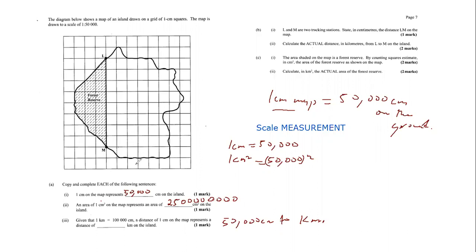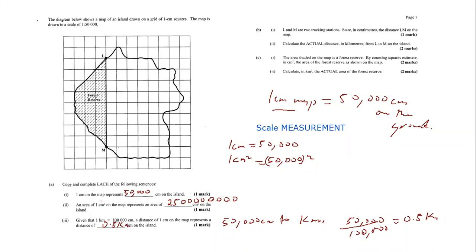We divide the 50,000 by 100,000, which gives me 0.5. 0.5 kilometers on the island.